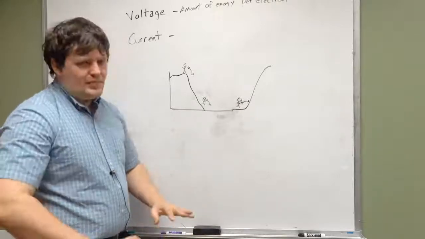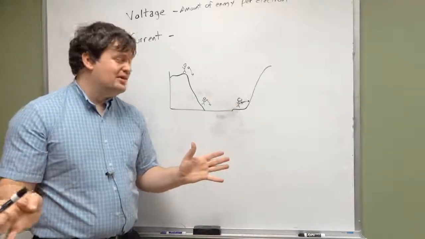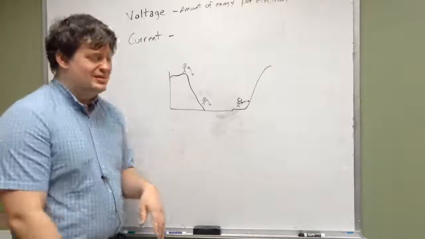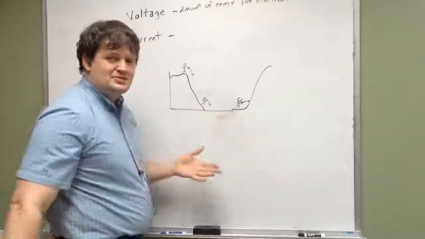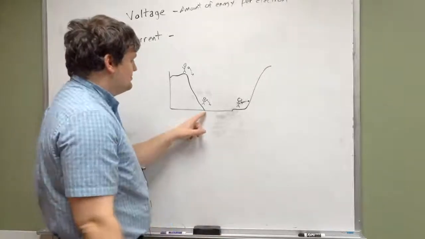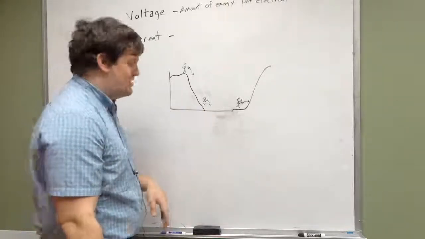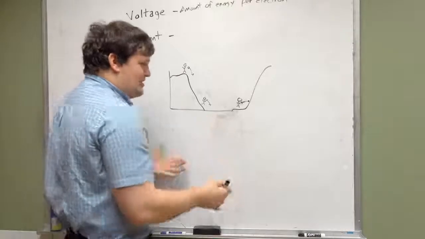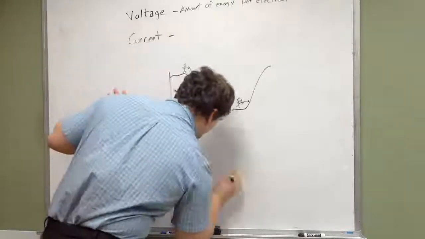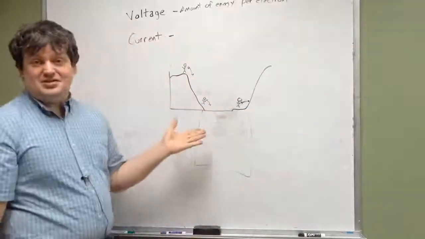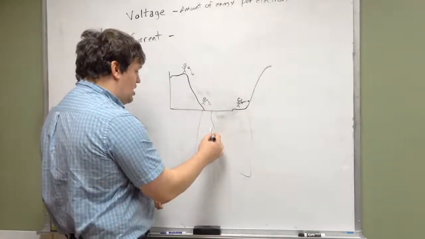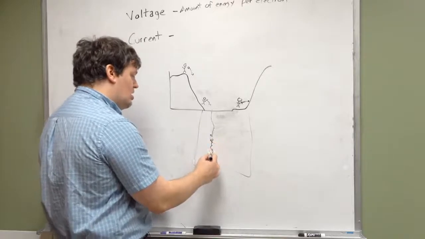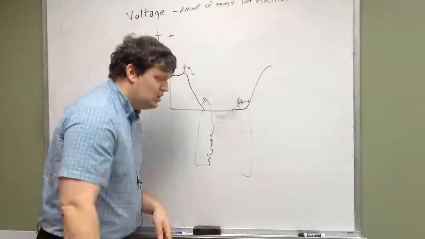Now, just like a mountain, all of this is relative. If this is flat ground, the valley in between the mountains, you may not have any energy, but let's say that the mole people decide to dig a hole that goes way down here. Now all of a sudden you have a ton of energy. You throw that ping pong ball and it goes down.